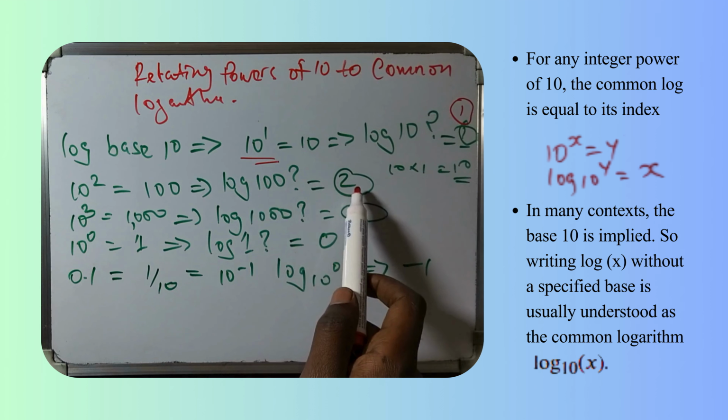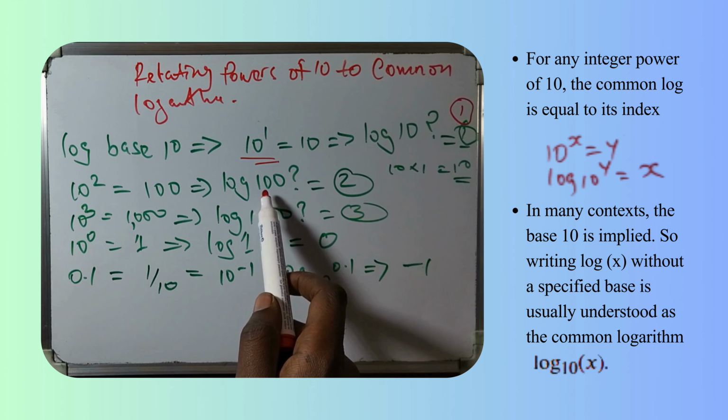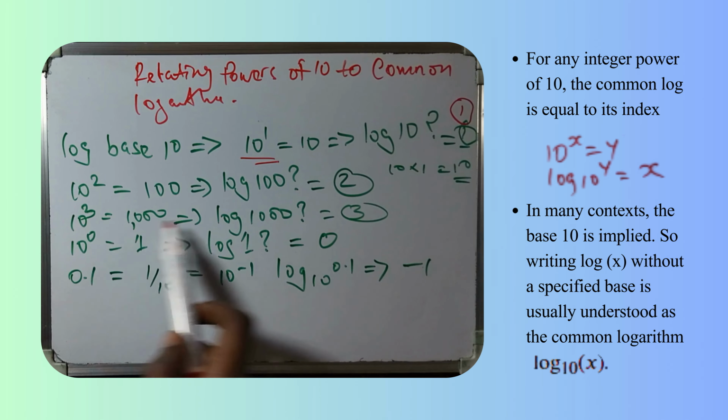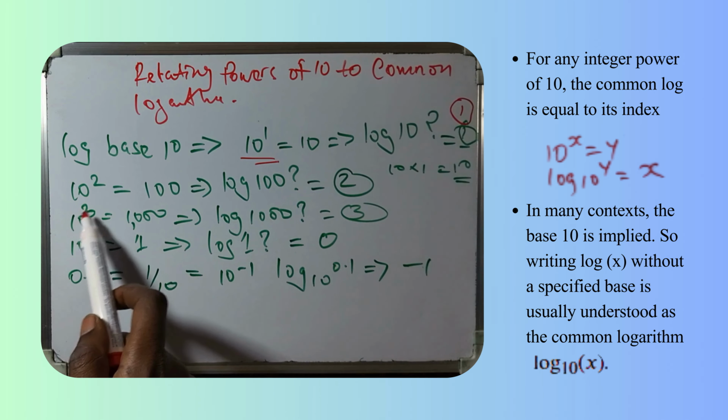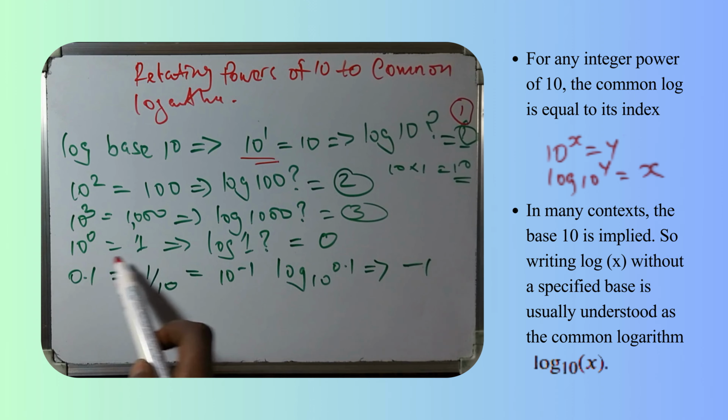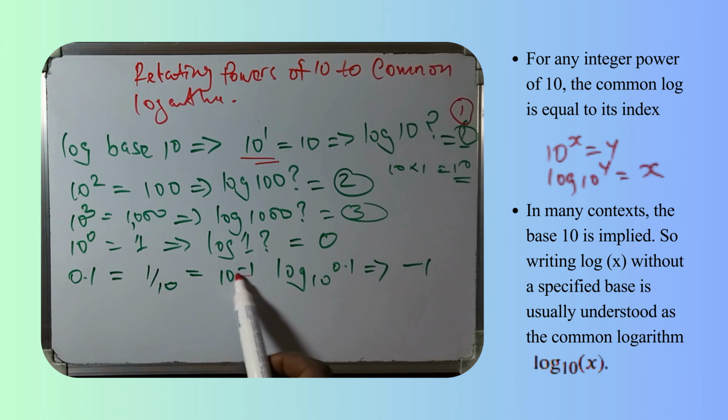Logarithm of 100 is 2, because 100 is the same as 10 squared. Logarithm of 10 cubed is 3. Logarithm of 10 raised to 0 is 0. Logarithm of 10 raised to negative 1 is negative 1.